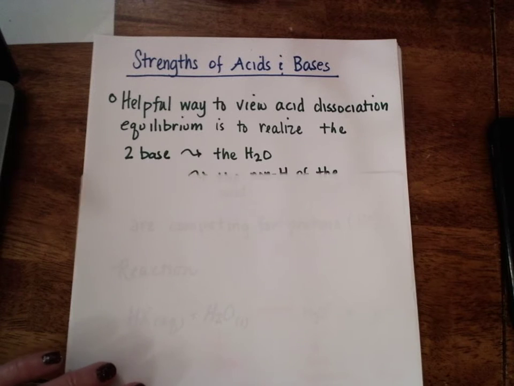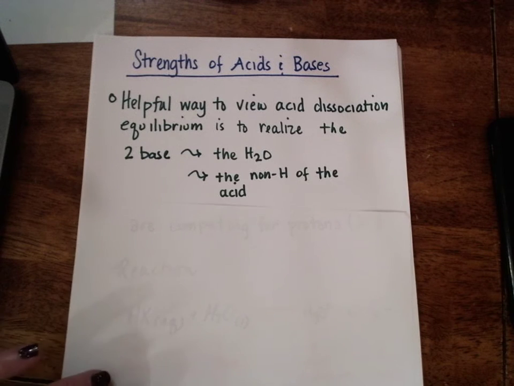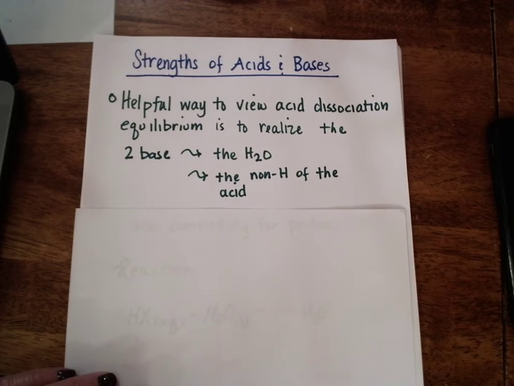First of all, when we talk about strengths of acids and bases, it's really helpful to think about the dissociation, which means the coming apart of the acid, and how it happens so that we have some type of equilibrium reached. What you have to realize is when you put this acid into water solution, basically the acid is working with two bases.